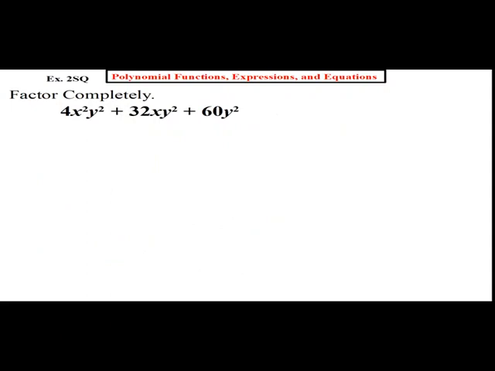Copy this one, please. Example 2 super Q. We got example 2 super Q says factor completely 4x squared y squared plus 32x y squared plus 60y squared. Step 1, Ivan.